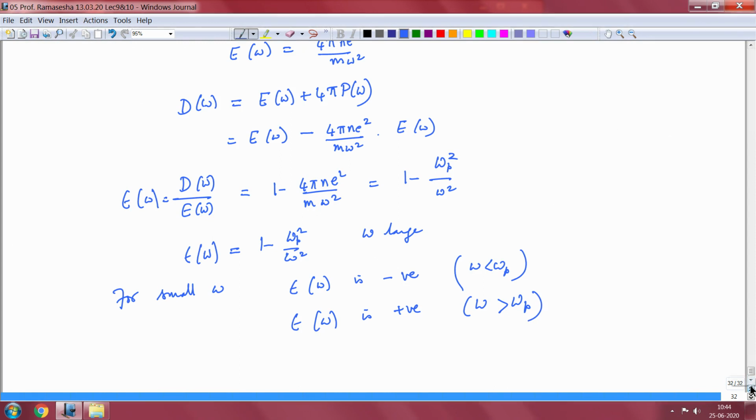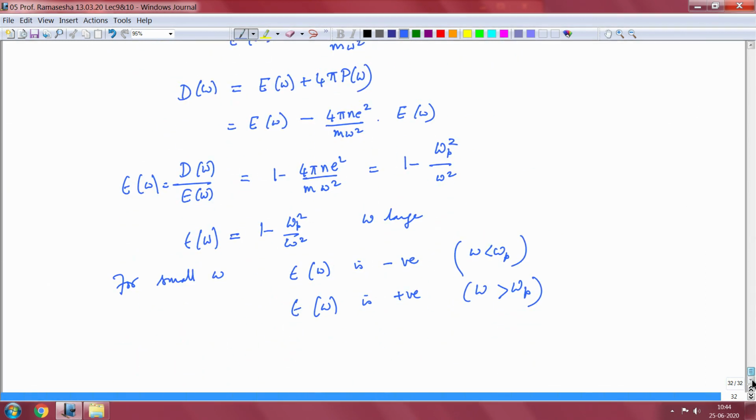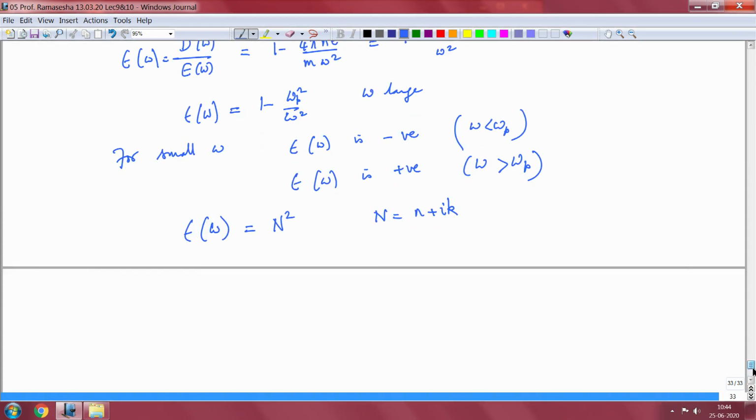Now dielectric constant is related to the refractive index, complex refractive index, by the relationship epsilon omega is equal to N squared, where N is equal to n plus i k. N is a complex refractive index, small n is the real part, and small k is the complex part.